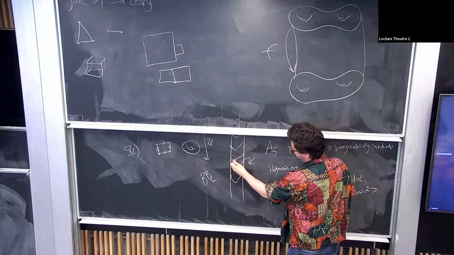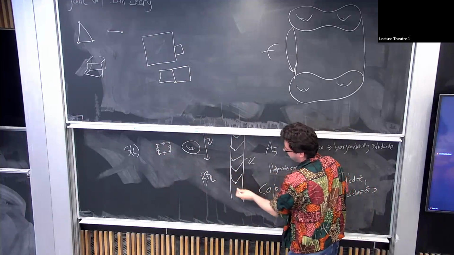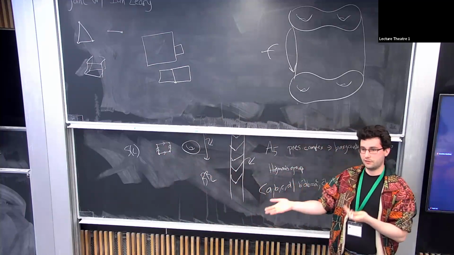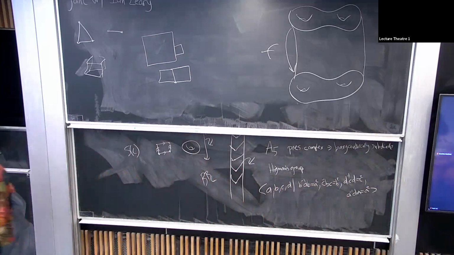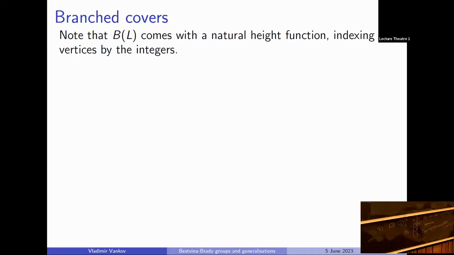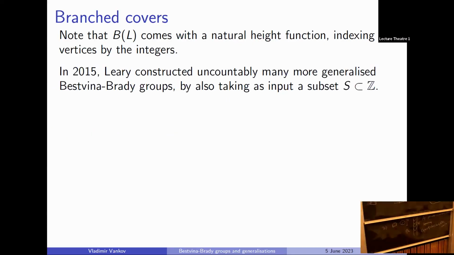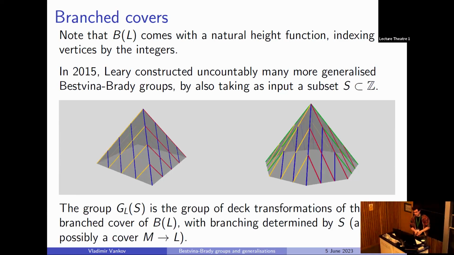So it has vertices that we can assign heights to, which are some integer value. So what we can do with that is construct uncountably many more generalized Bestvina-Brady groups by doing a branching construction. Here I attempted to do some Blender 3D models of what's going on in the universal cover, but I don't know how clear that's come out.